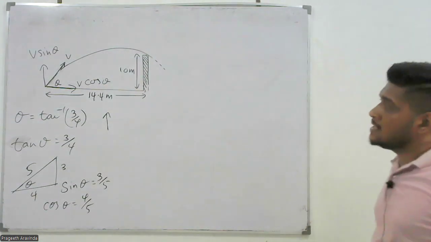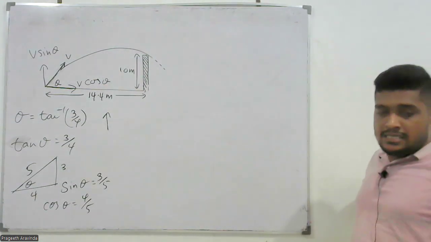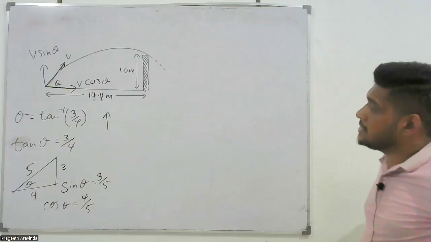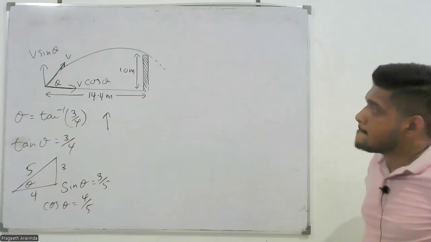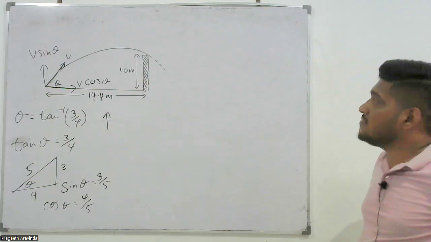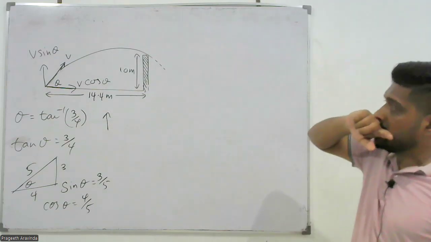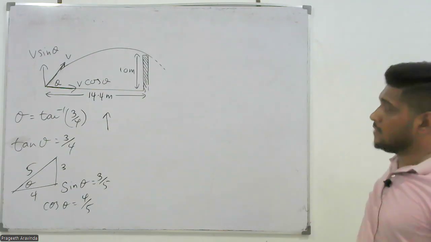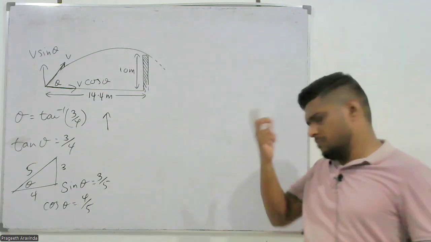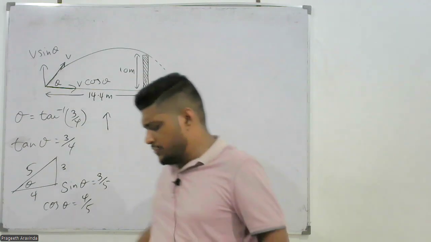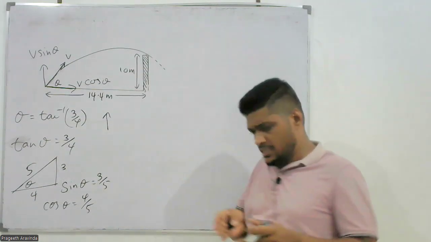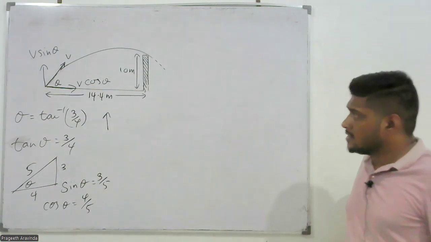We don't know the time, so what is the best equation that you can use? You don't know the final velocities as well, and you don't know v as well as t.